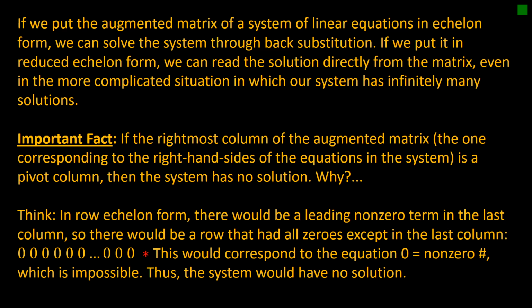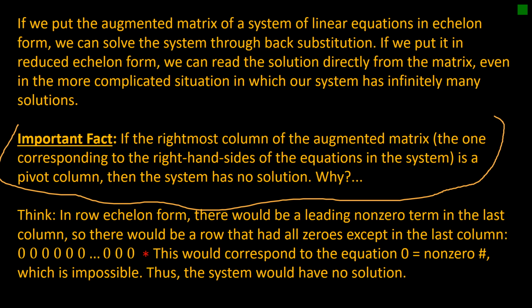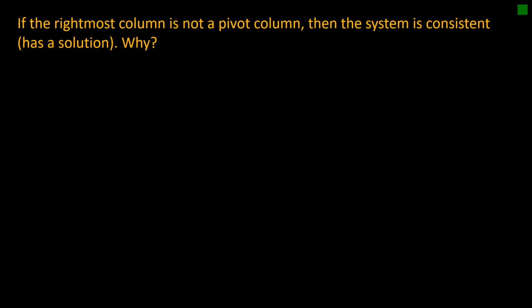Thus, the system would have no solution. So this is a big deal. This is something to remember. If you're looking at the augmented matrix of a system and you do whatever you do to start doing row reduction on or putting it in row echelon form, and you discover that the last column is a pivot column, there is no solution.